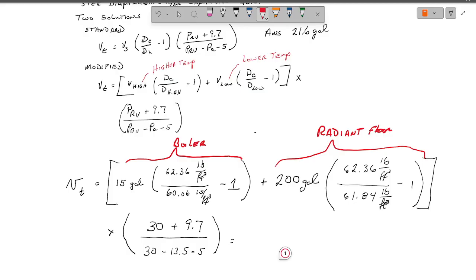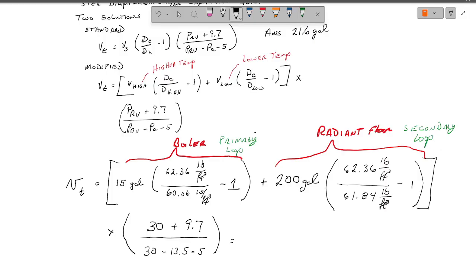Then the secondary loop is something that has a lower temperature. So there are mixing valves that will lower the water to, say, 140, but your boiler only operates at 180. So that changes the water density on this. So another way to look at this is primary loop and secondary loop, so that you keep those things straight.